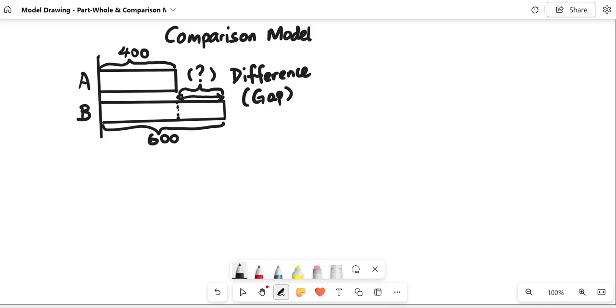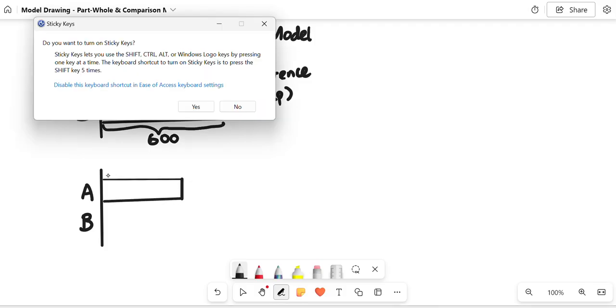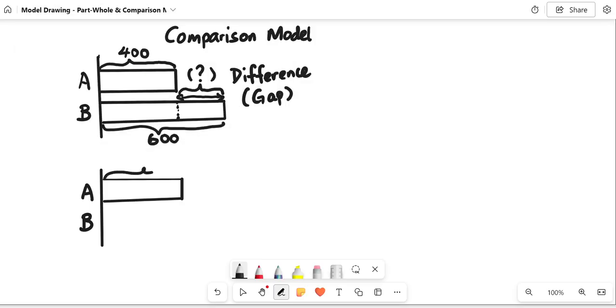Another type of comparison model, again, they may be given class A collected 400 bookmarks. Class B collected 200 more bookmarks than class A. So, listen carefully again to the question or the story or the problem sum.